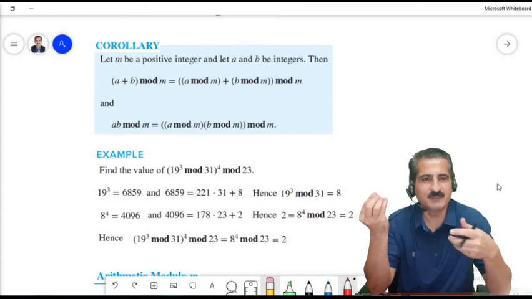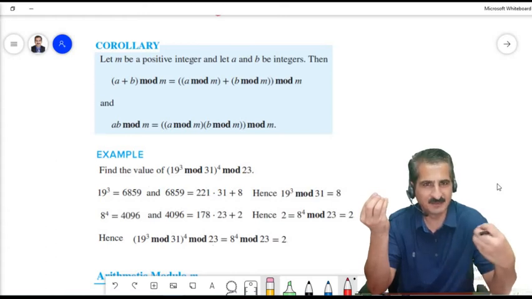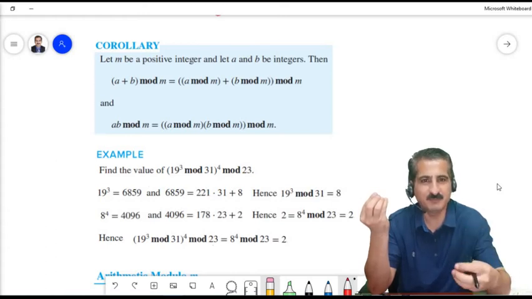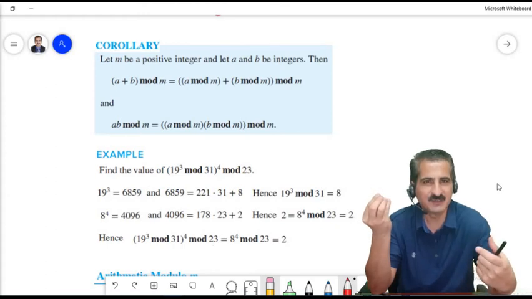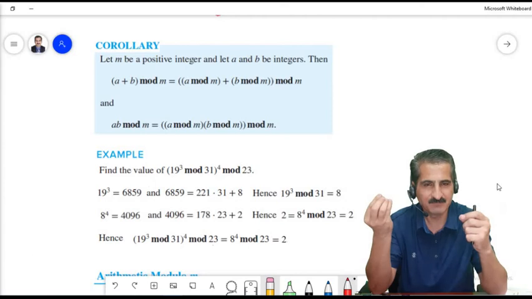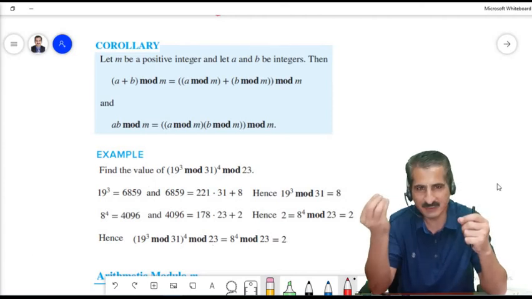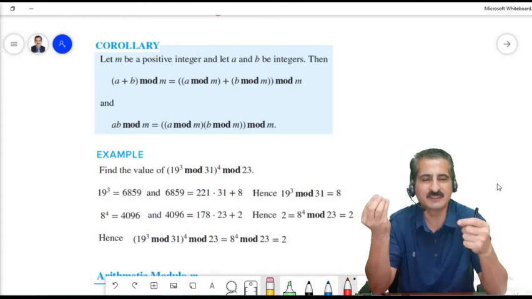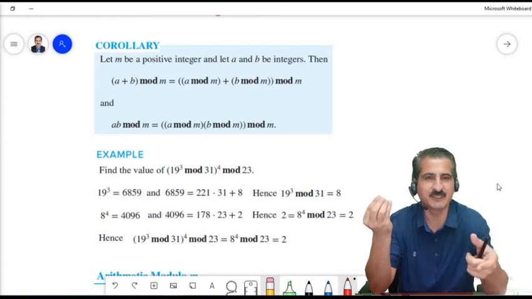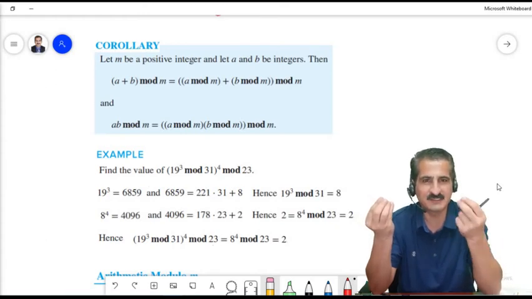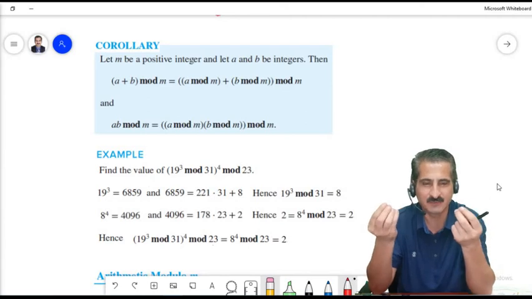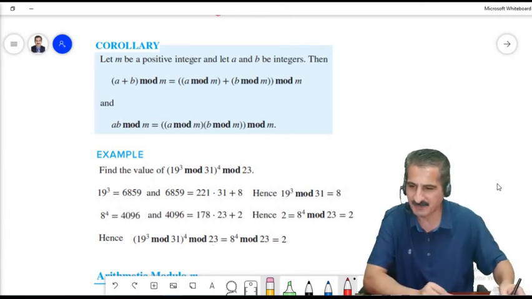Let's go the other way. Divide a by m and take the remainder, divide b by m and take the other remainder. So we have two remainders. If we add them, we might get an integer greater than m. Divide it by m and take the remainder again, and this result will be the same as the one here. Let me explain it.